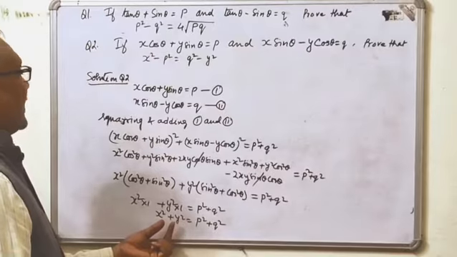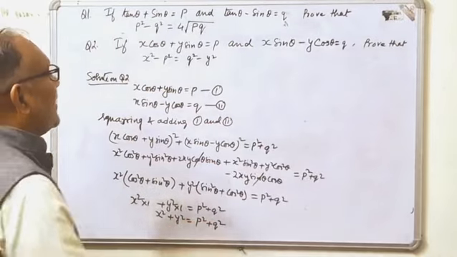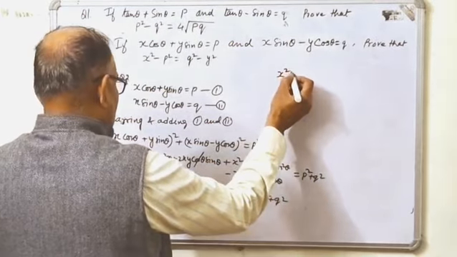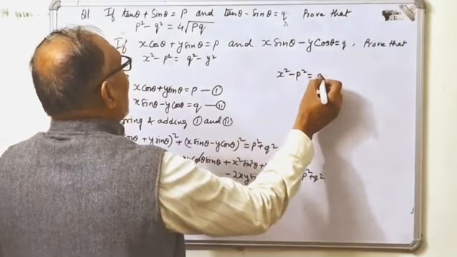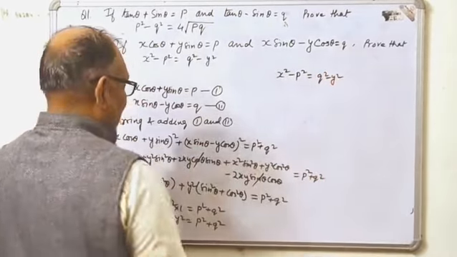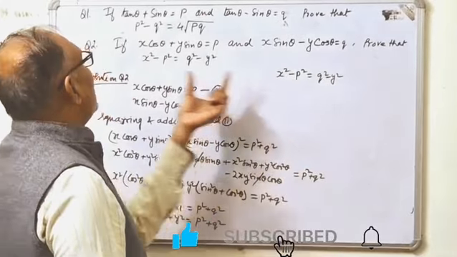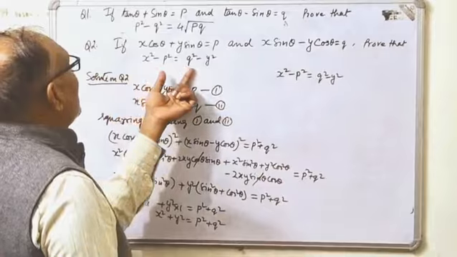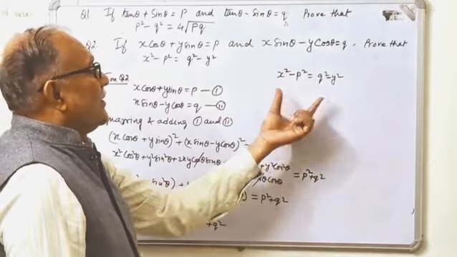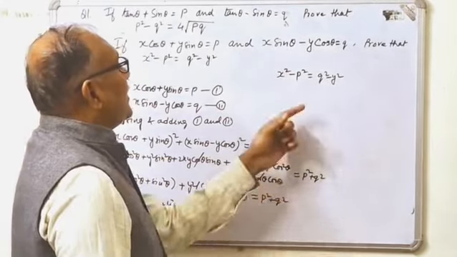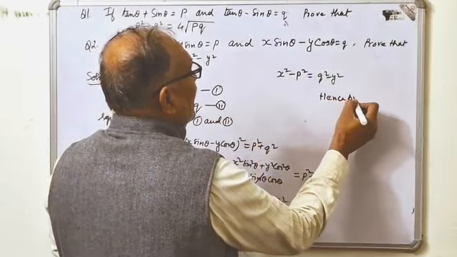Now transferring p square to the left side and y square to the right side, we get x square minus p square equals q square minus y square. So this is what we have been asked to prove. X square minus p square is equal to q square minus y square, and we get the result here. So hence proved.